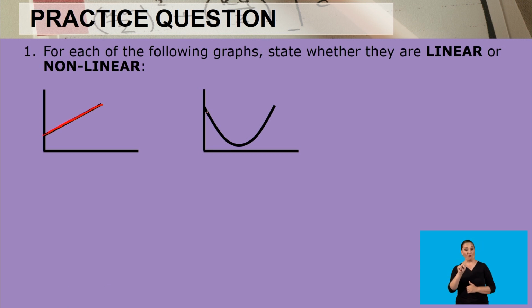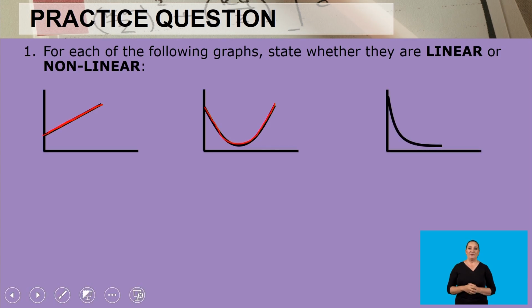Yes, this one is non-linear because it is curved. It is not straight. What about the next graph that we have been given? Is it linear or is it non-linear? If you are thinking non-linear, then you are absolutely correct because we can see that it is a curve and it is not straight.